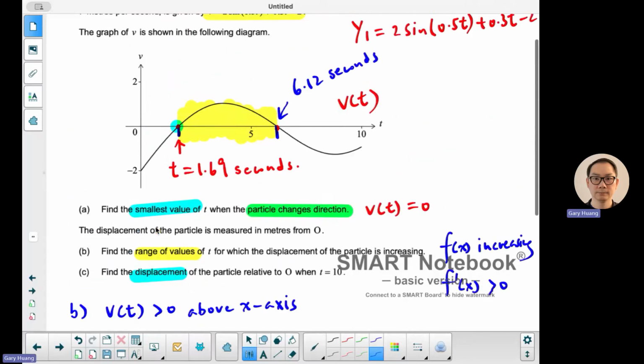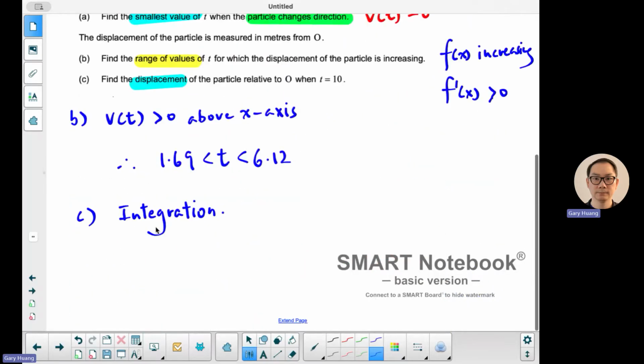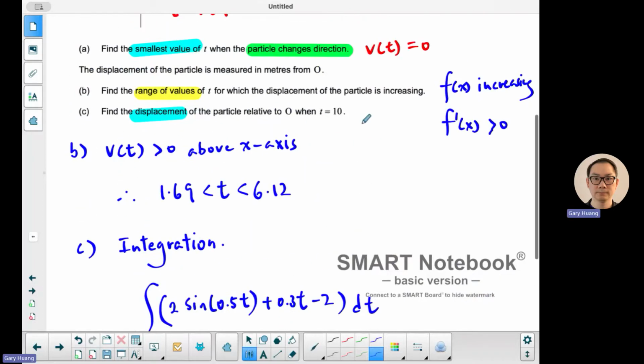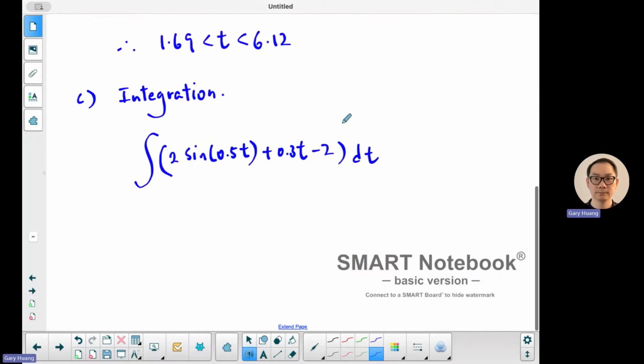Let me copy down the equation. 2 sine 0.5t plus 0.3t minus 2. I'm integrating this, so dt. I want to find the displacement when t equals to 10.